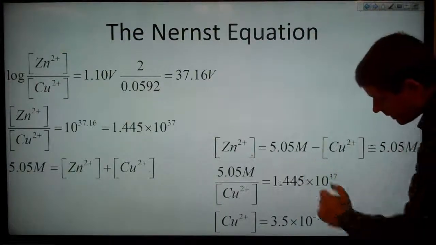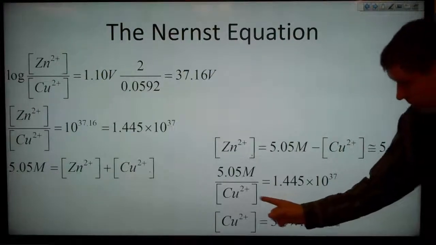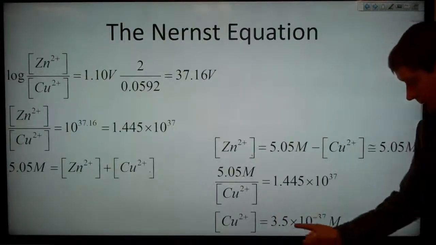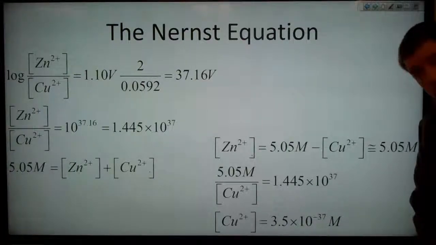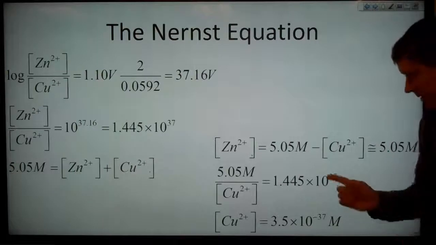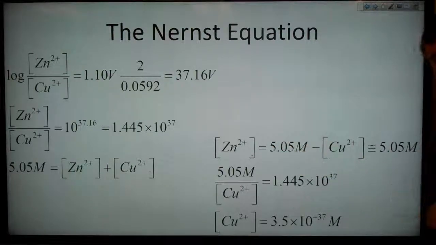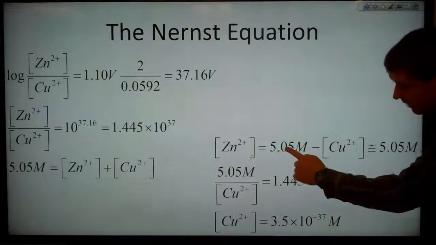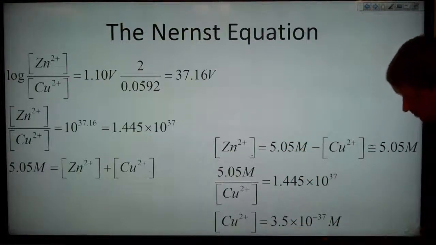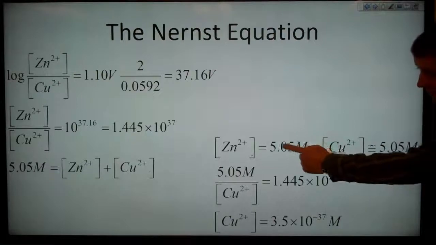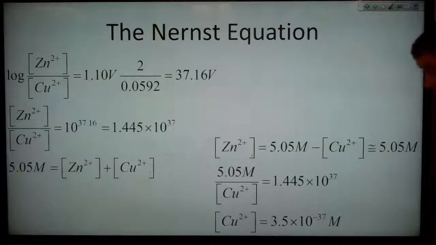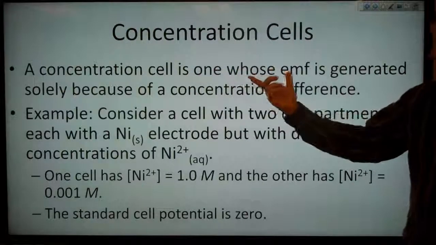And when we plug that in, then we can solve for our copper concentration and find that it's 3.5 times 10 to the minus 37 molar, or thereabouts. Because again, we've made an approximation here. This isn't entirely true. This value really needs to be 5.05 molar minus 3.5 times 10 to the minus 37 molar. To all intents and purposes, this value is correct. It is 5.05 molar.